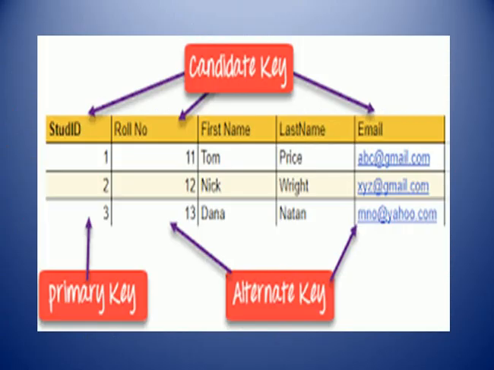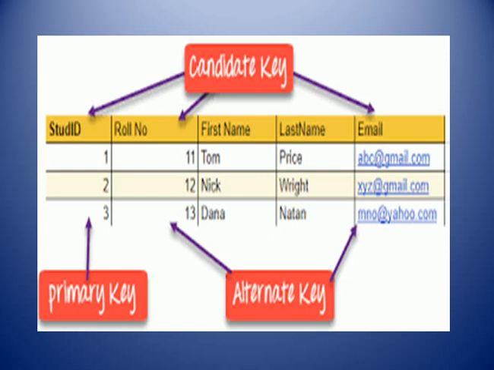In this table, there are 5 columns, but among these, student ID, roll number and email are the 3 columns which can identify each record uniquely. So, these are known as candidate keys.